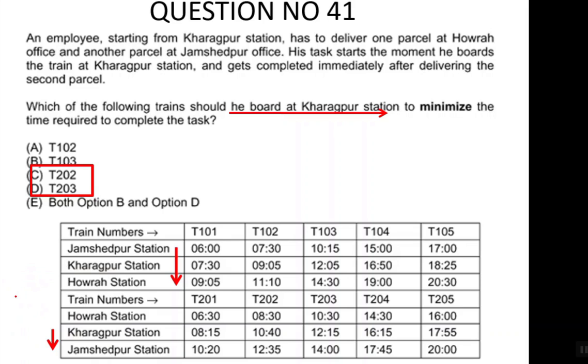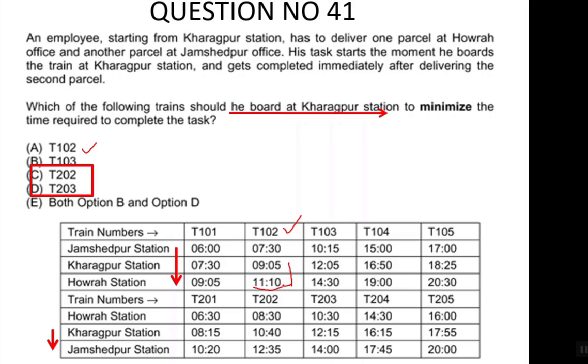Now if you observe closely, let's say we start with option A, that is train T102. If he takes train T102 from Kharagpur station, he has to go to Howrah station. So he'll be reaching Howrah station at 11:10. Then he'll be dropping the parcel in 1.5 hours and coming back to Howrah station.